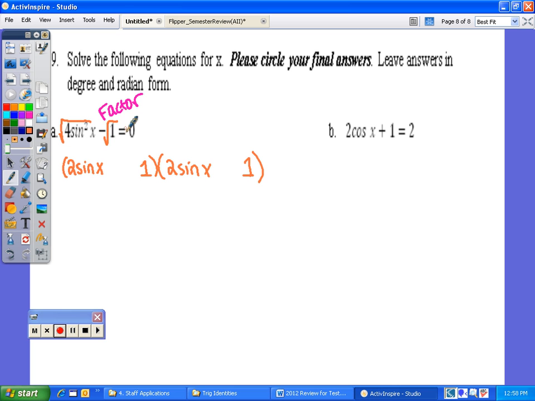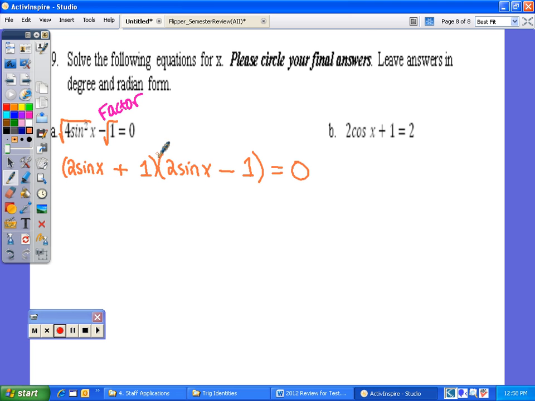Because there's a minus there, I'm going to separate the terms with a plus and minus. If I FOIL it out, 2 sine x times 2 sine x is 4 sine squared x. 2 times negative 1 is negative 2 sine x. 2 times 1 is positive 2 sine x, so they cancel out. And then 1 times negative 1 is negative 1. So foiling it out checks my answer.